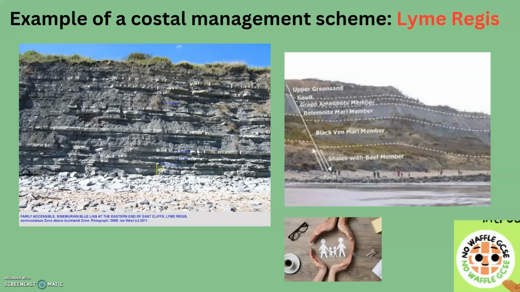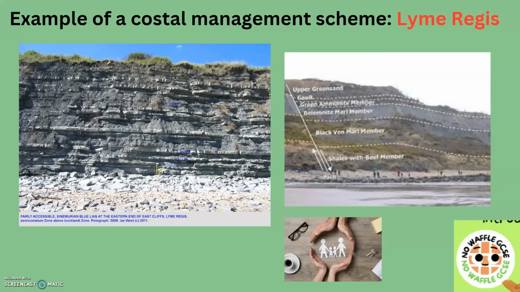So for this example, you need to know three things. Firstly, the reasons for management. So the reasons for management, why Lyme Regis needs to be protected, is because in 2003, I believe, 200 meters of cliff had slipped from the coastline, and because of this then put many houses in danger of subsidence and flooding and things like that.